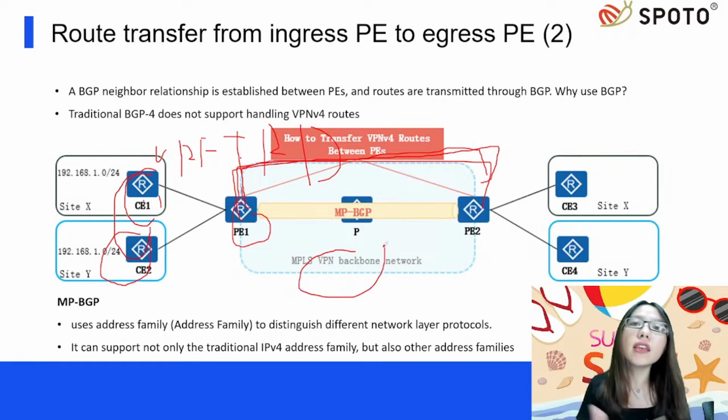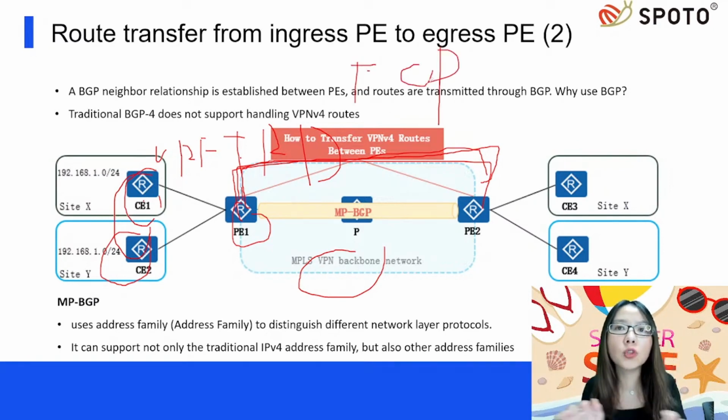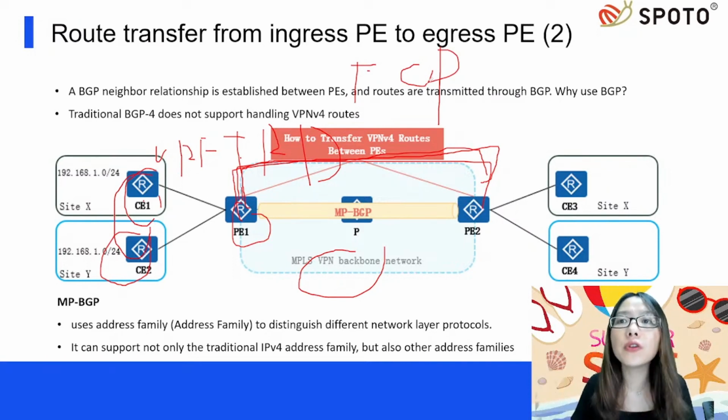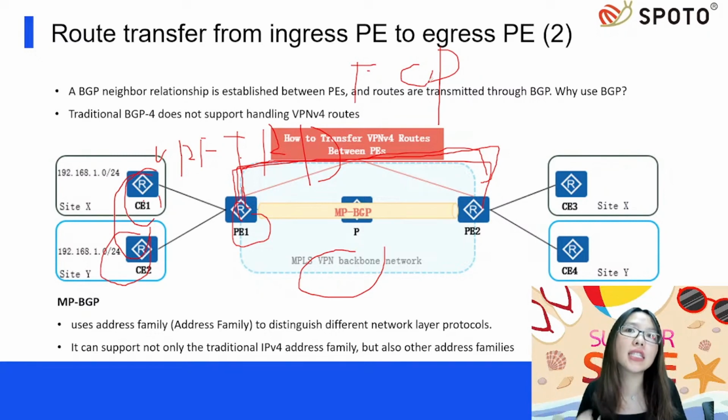BGP uses TCP as its transport layer protocol, which improves the reliability of the protocol, so routes can be exchanged directly between two PE devices across routers. BGP also has good scalability and facilitates the propagation of VPN routes between PEs.